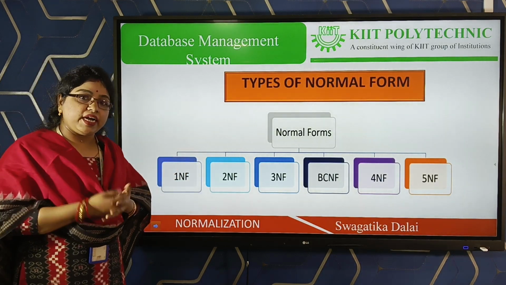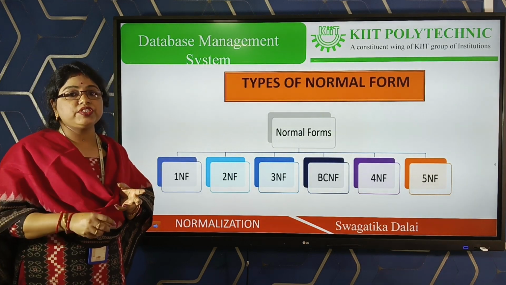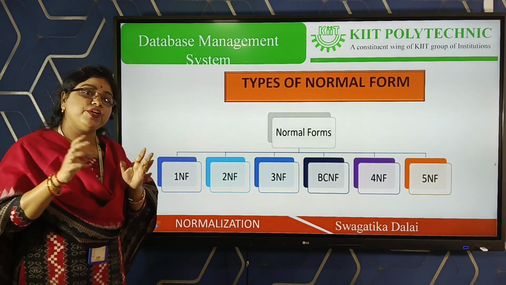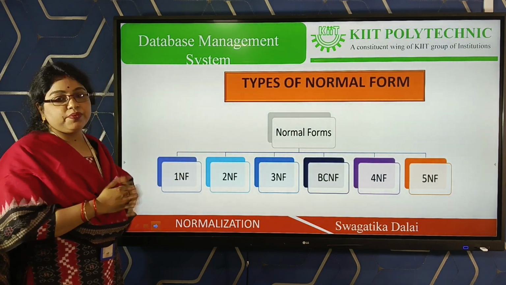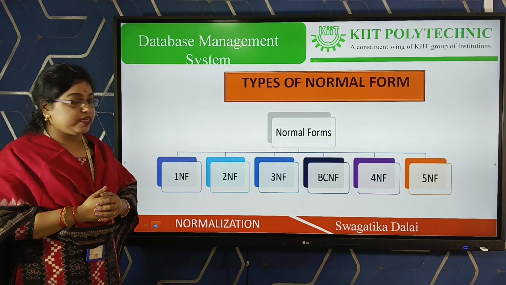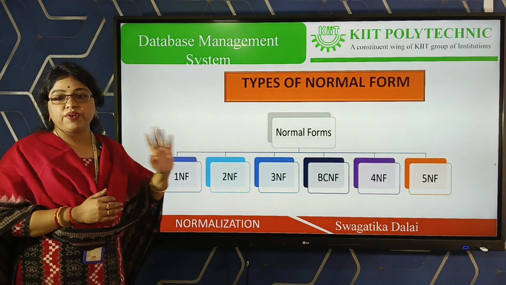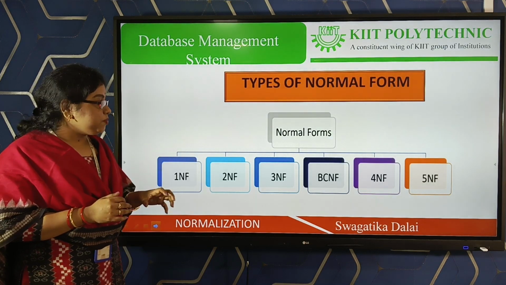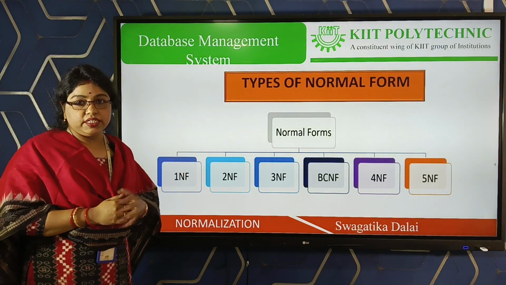Normal forms are the guidelines which make the database efficient, organized and free from all types of anomalies. So there are generally 5 types of normal forms: 1NF, 2NF, 3NF, BCNF and 5NF. But in this video, I will discuss only 1NF, 2NF and 3NF.